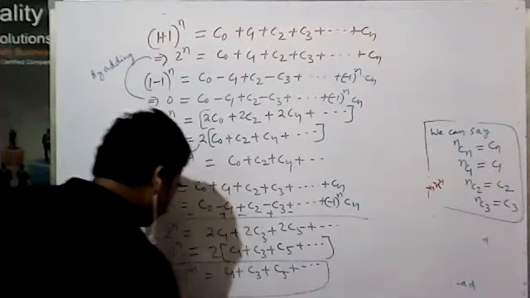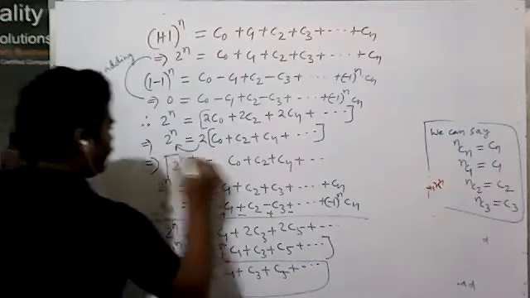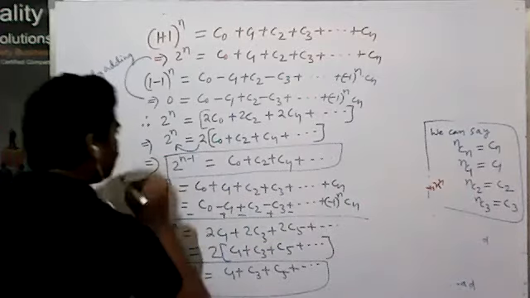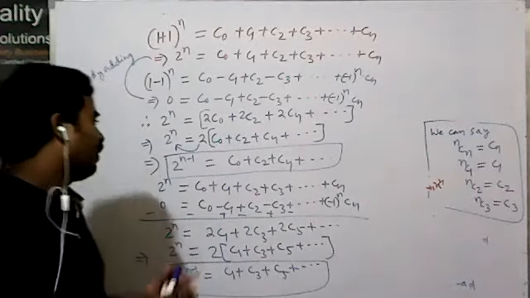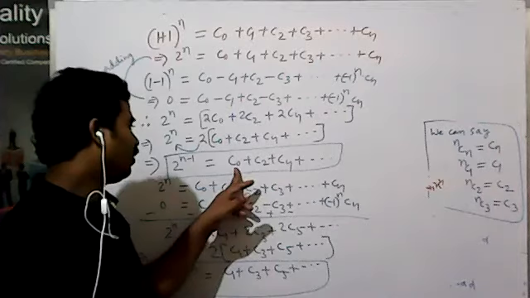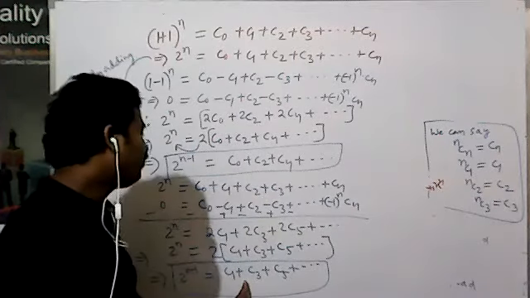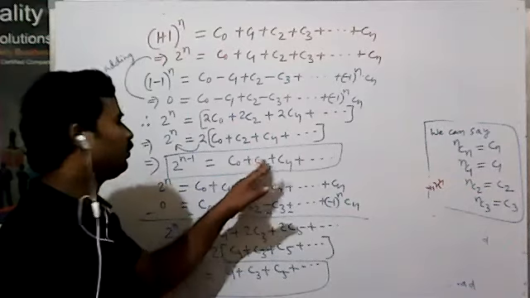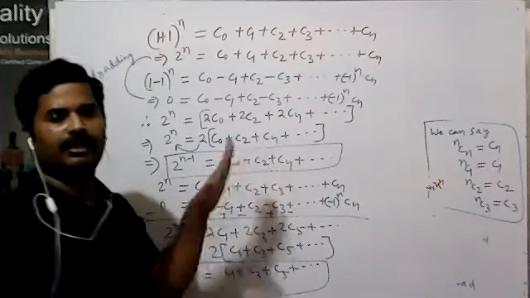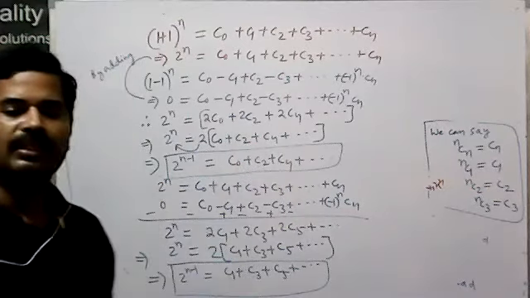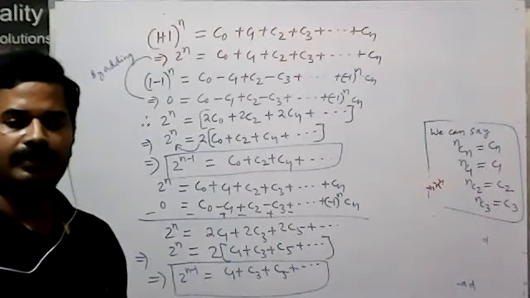This is also one concept. Here even terms odd places, here odd terms even places. That means C0, C0, that value will come. This is also a special property.